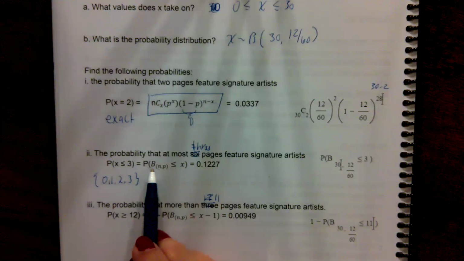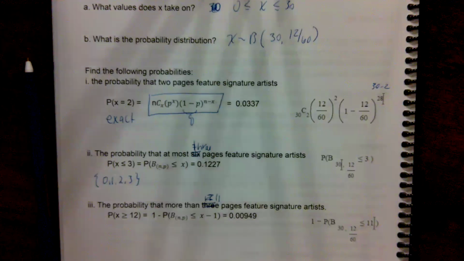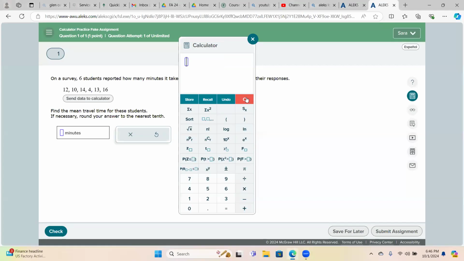It's really the probability of the binomial of n comma p is less than or equal to X. And so we are going to use that in Alex. So I'm going to show you what that looks like in Alex here. So let's clear this out. It's because the binomial distribution in Alex is always a less than.